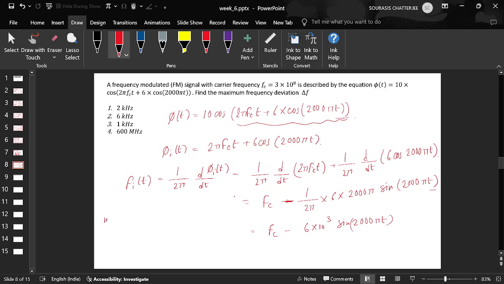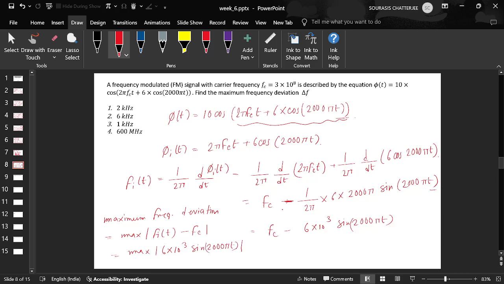So what is going to be my maximum frequency deviation? You can see that can be obtained by the maximum value of the difference between instantaneous frequency and fc, obtained as max of 6 into 10 to the power 3 sine 2000 pi t.